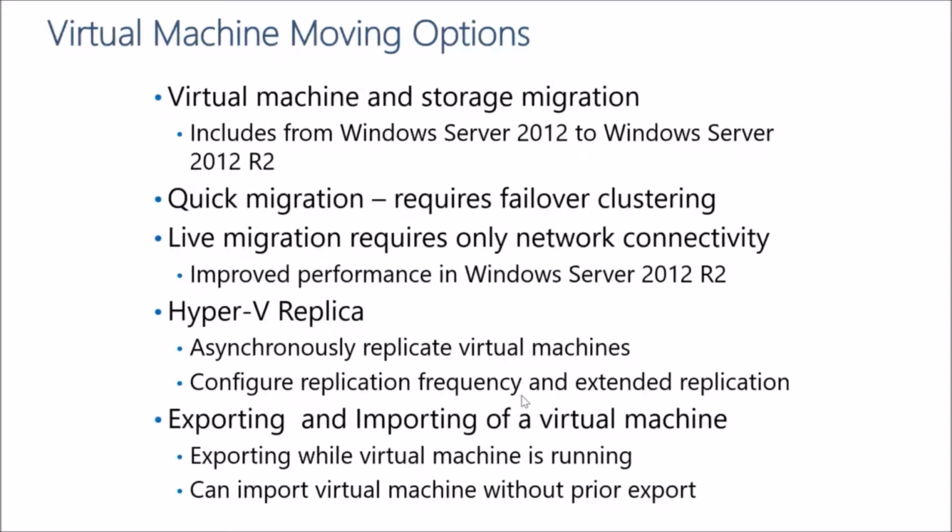Hyper-V Replica's intention is to replicate itself to another site, and this other site doesn't even have to be your site. There are hosting companies out there selling products which are a virtual second site. What does that mean? It means you can host your virtual machines on your site as much as you like, but you pay for this space that's not actually turned on, so it's not that expensive.